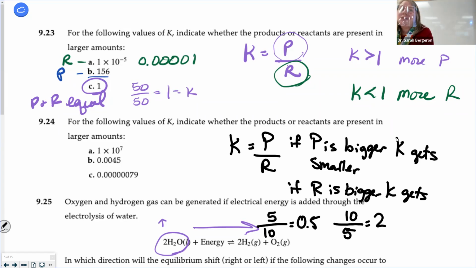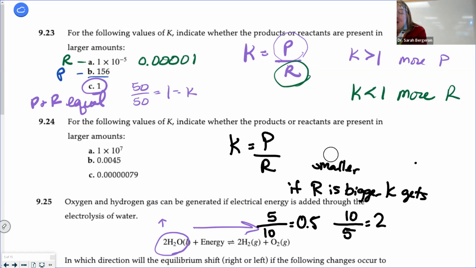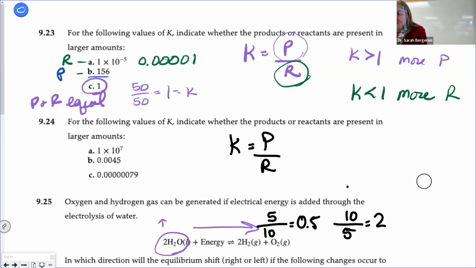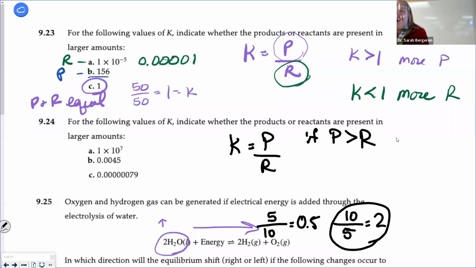So if you look at this and you mathematically do many, many of these, we can come to two conclusions, right? We can say anytime P is greater than R, which one is that where P is greater than R? Down here, right? If P is greater than R, then K is greater than 1.